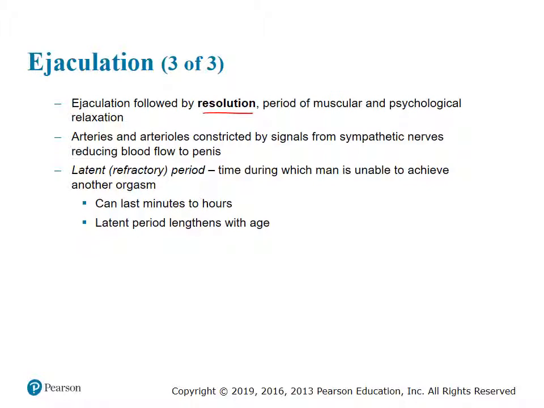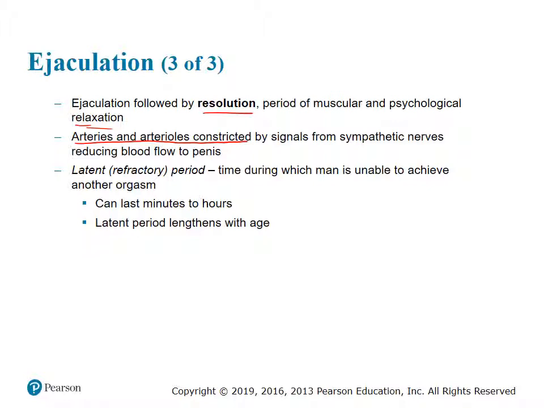What we call resolution after an ejaculation is where everything starts to relax again. Everything goes back to normal. Those arterioles start to be constricted again, because this is the reverse. We were relaxing those smooth muscles in an erection and ejaculation, and then we constrict them to cause the sponge, if you will, to not let blood back in.